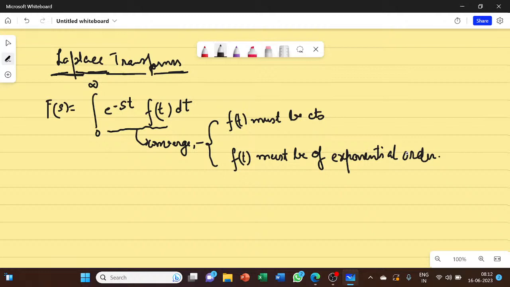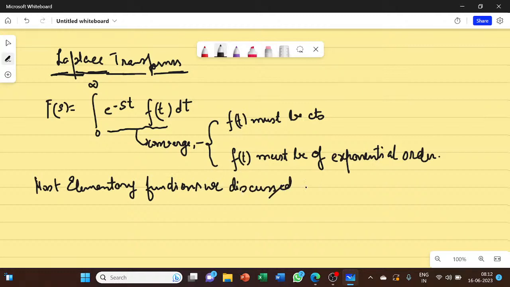Now, for most elementary functions, we discussed how to find the Laplace transform.